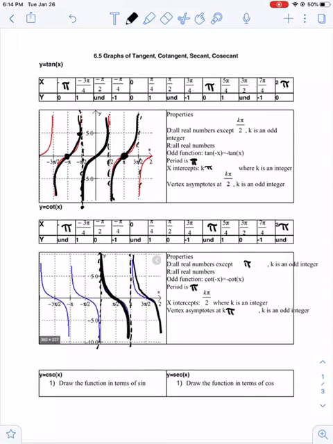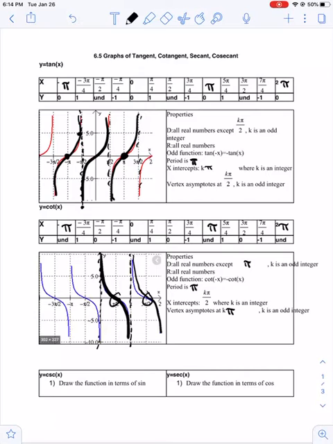So the properties of cotangent are domain is all real numbers, except now our asymptotes are at pi. So every pi away, so pi times k. And then the range, again, this graph goes up and down forever. So all real numbers. It's an odd function. The period is pi.